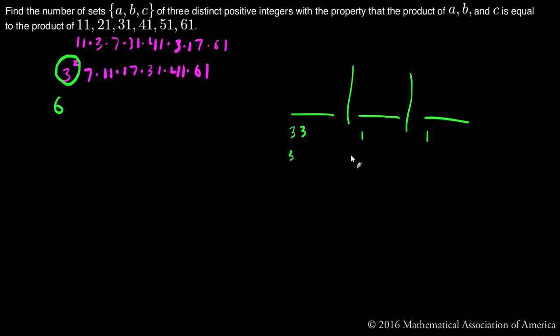I could have a 3 and a 3 and a 1, in different arrangements: 1, 1, and both 3's; or 3, 1, 3; or 1, 3, 3. And you see 1, 2, 3, 4, 5, 6 ways to send the 3's through all of these.